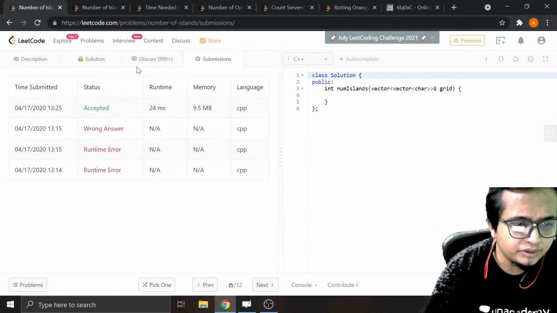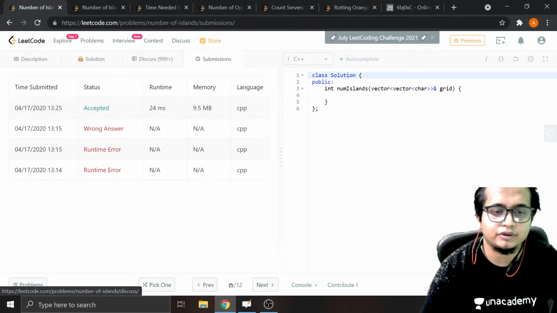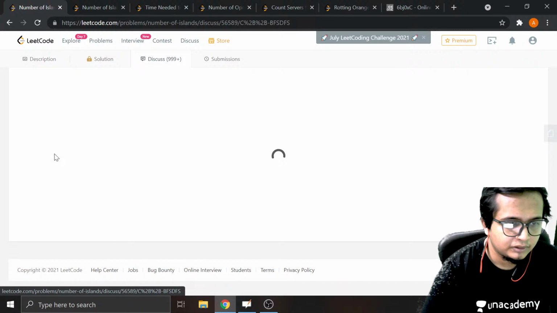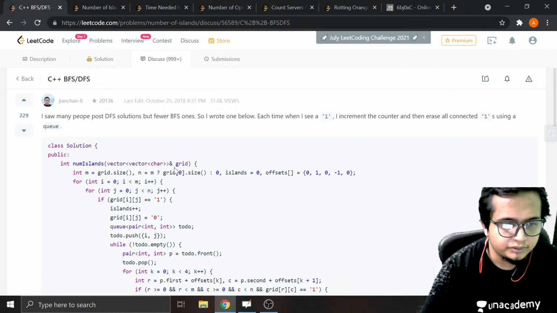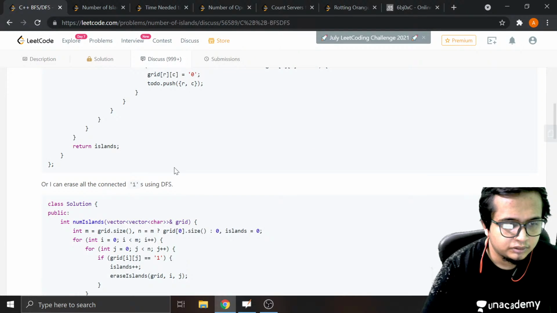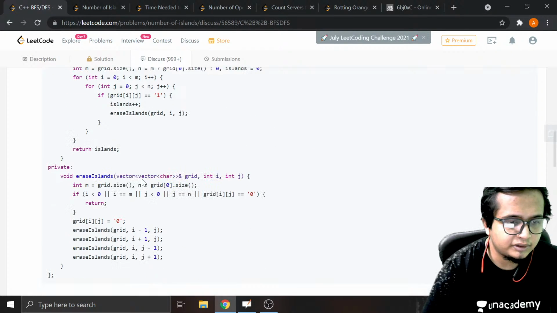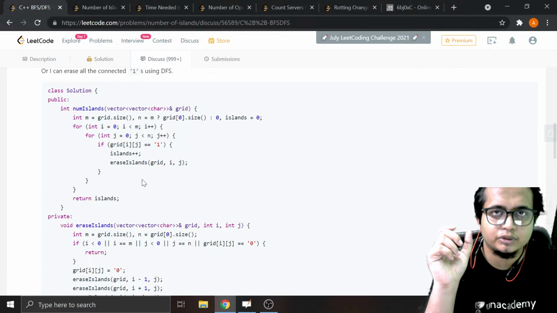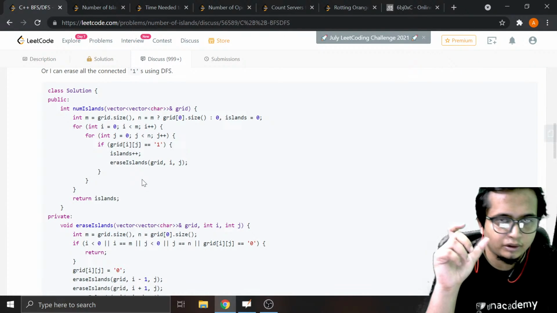Okay, so I think you guys can implement the solution yourself. Also, let me check if there is some solution present on this that we can see. Let us see just the DFS solution, since we have to count the number of connected components. I have always told you that to find the number of connected components, always use DFS.